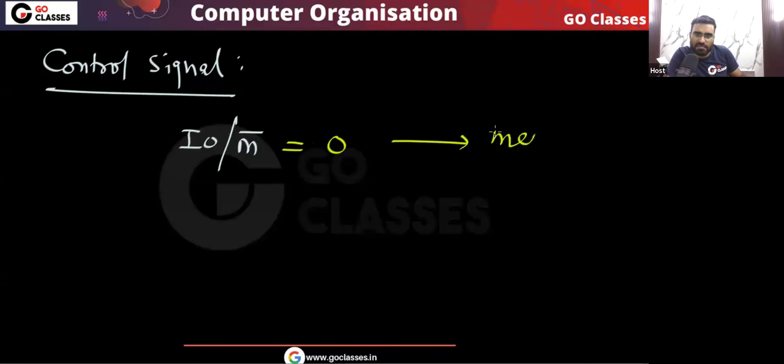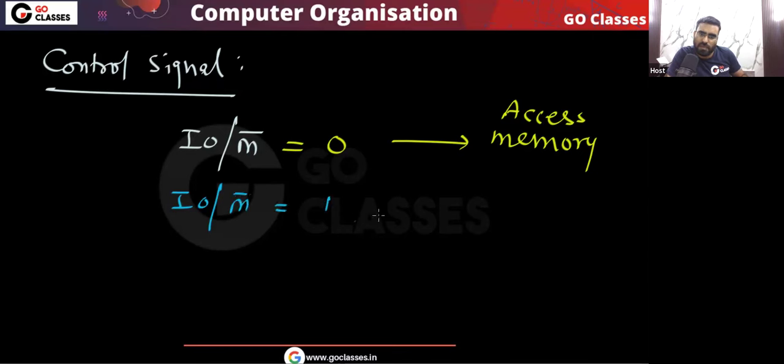Let me tell you what this control signal means. When this control signal is 0, then what will we access? If this control signal is 0, then the address is a memory address. Is this clear? Then access the main memory. So when this control signal is 0, access memory, and when this control signal is 1, then access the IO device.